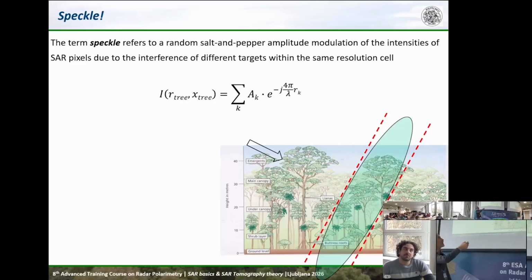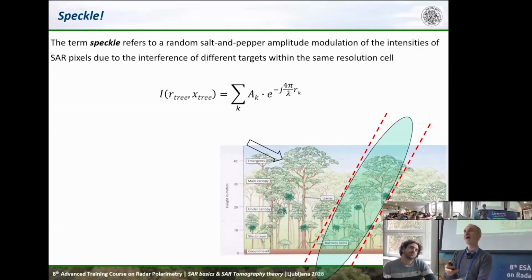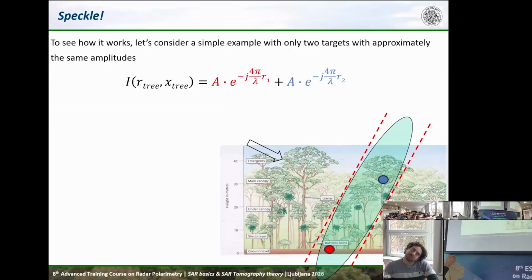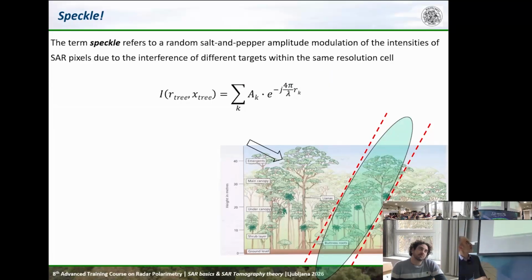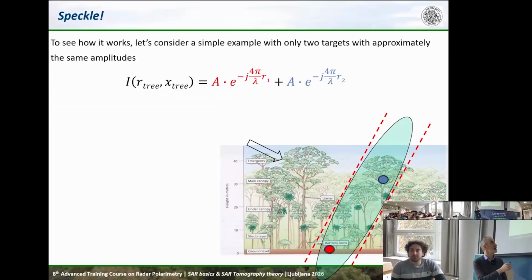And the formula is this one. The value of each pixel is given by the sum of many complex numbers with an amplitude and a phase. To understand this easily, let's assume that instead of many elements, we have just two. So we have the red target and the blue target, say representing the ground and the upper canopy.